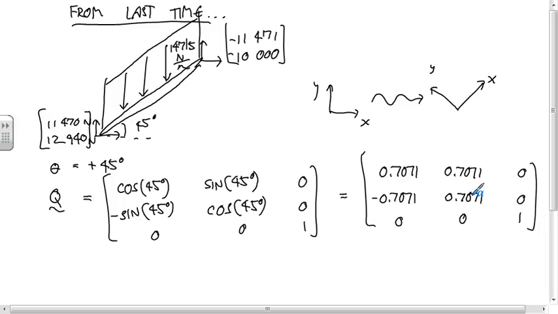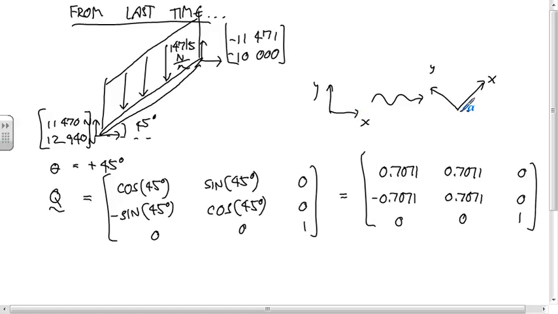If you look at the columns of this matrix, the columns here should give you the axes of the original coordinate system expressed in the new one. So in this new coordinate system, what are the signs going to be of the old x-axis? It's going to be a positive x component, a negative y component, right?